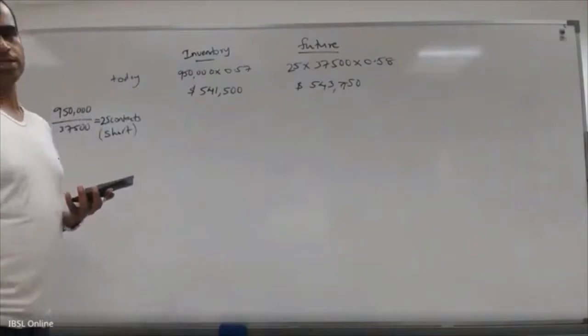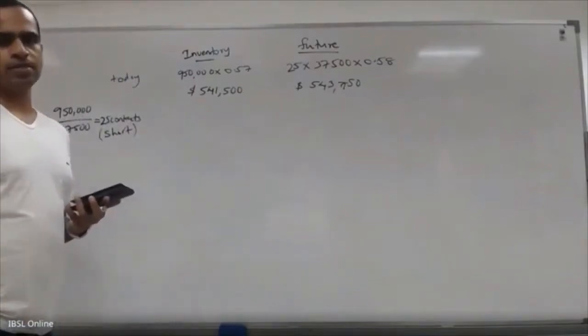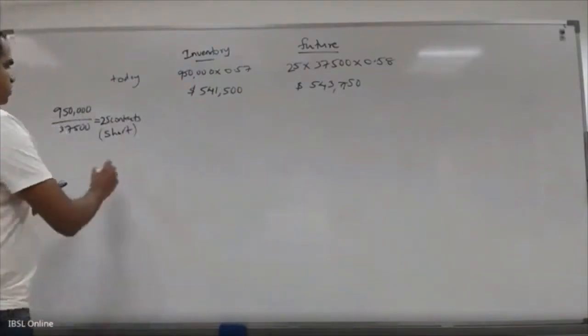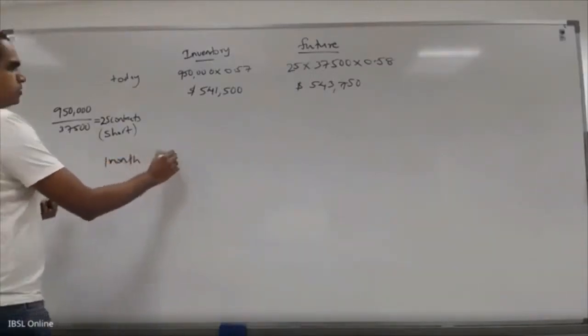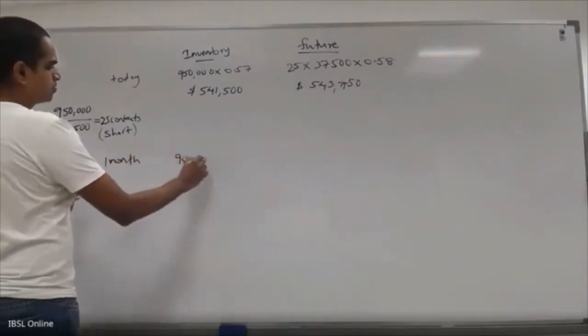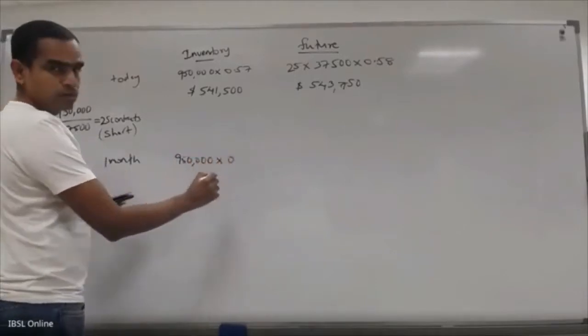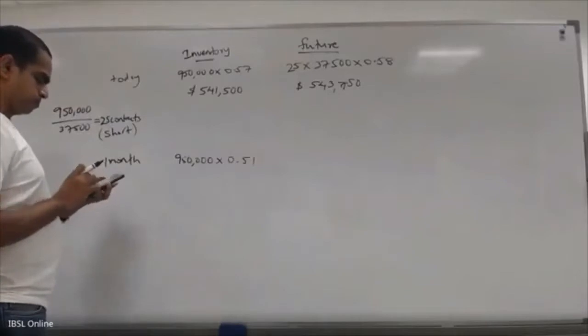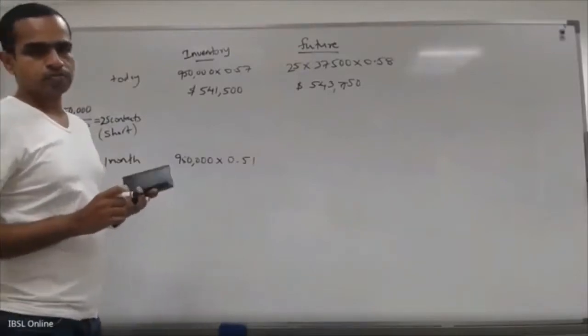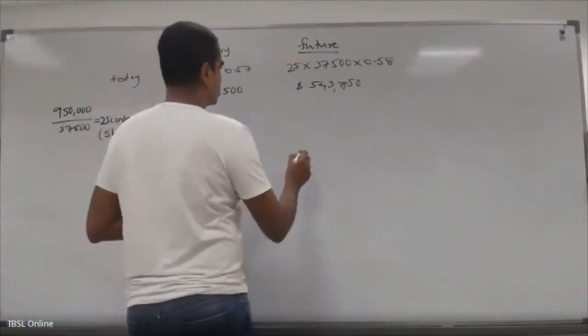For the next month, the price of coffee falls. Starbucks sells its inventory at 51 cents per pound. In 1 month, inventory is worth 950,000 times 0.51. Futures is worth 52 cents.